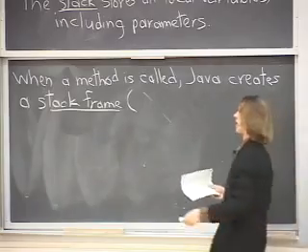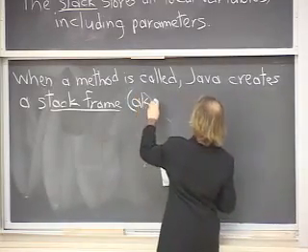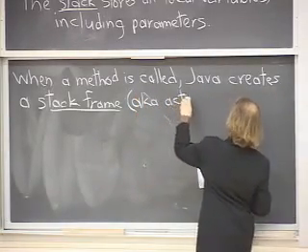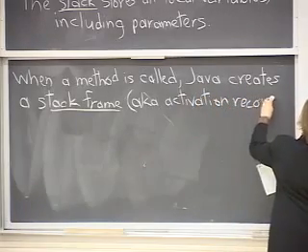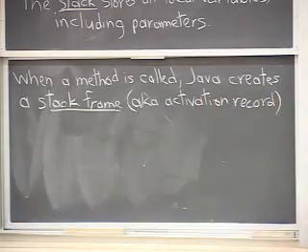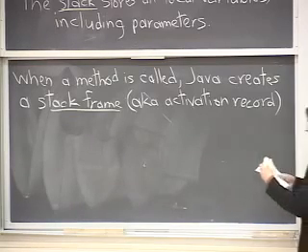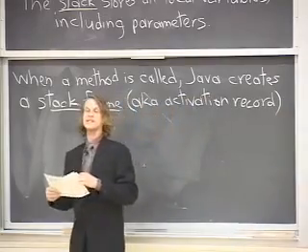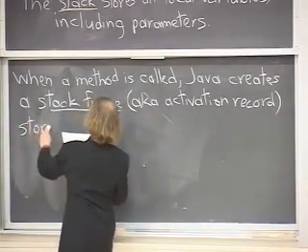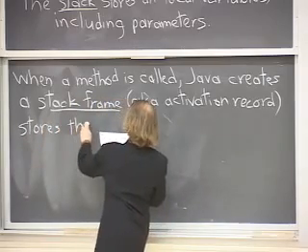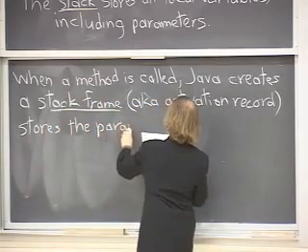Some people like to call them activation records, I guess because stack frame doesn't have enough syllables and make them feel big enough. So what is a stack frame for? Its job is to store all the parameters and local variables for that method call.